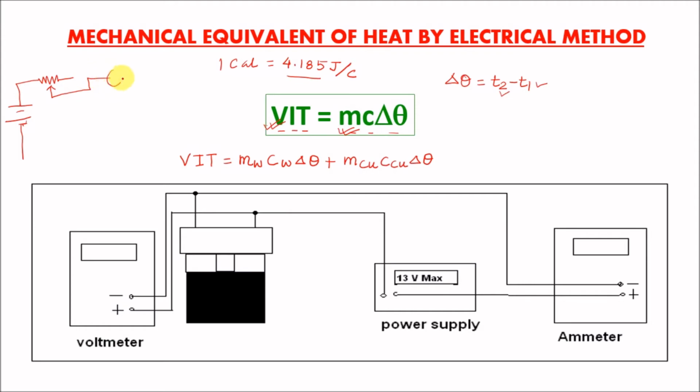In order to measure the amount of current in the circuit, we use an ammeter, and we then pass this to the heating element, which is dipped in a copper beaker filled with water.